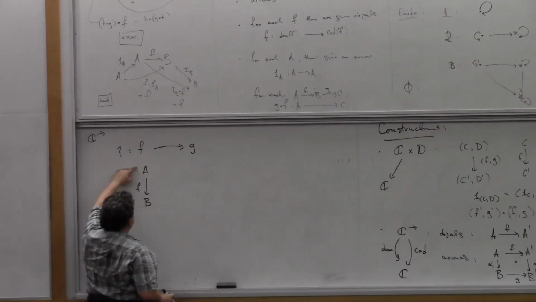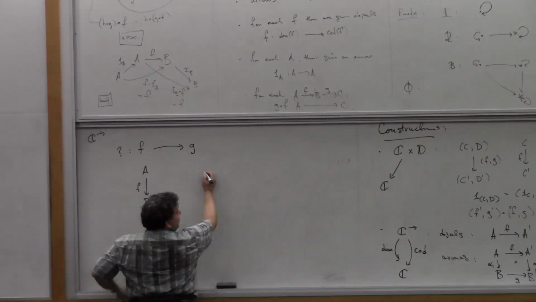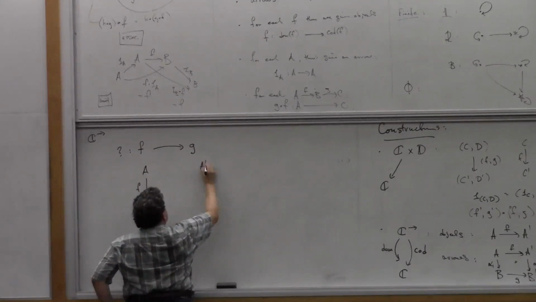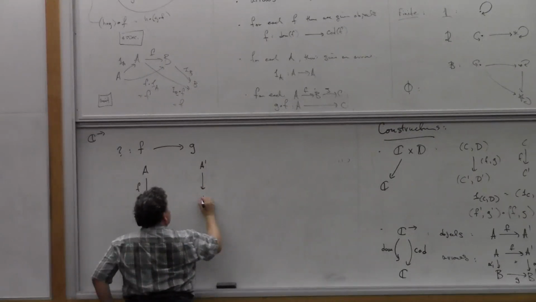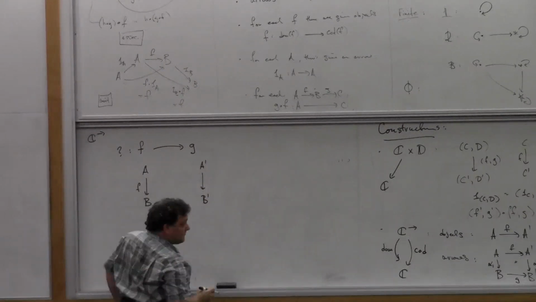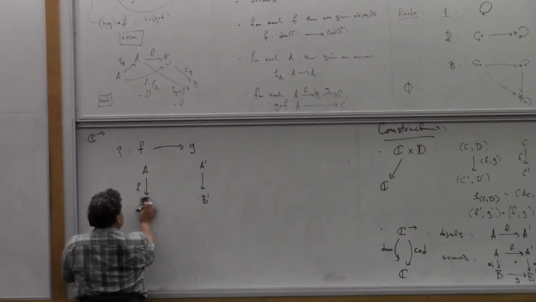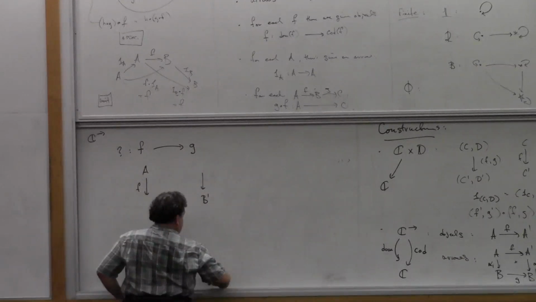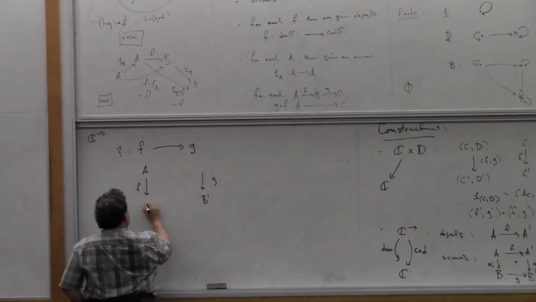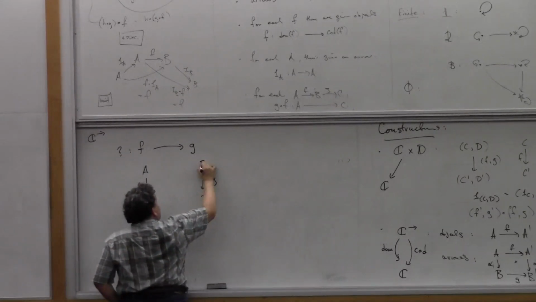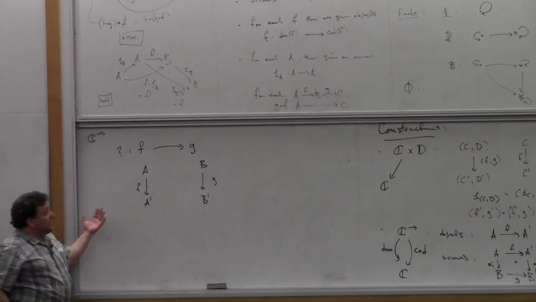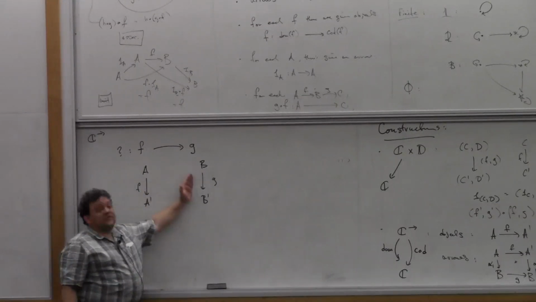So here now I've written this object over here, A prime, B prime, and here's this other object over here. And now I have to say, what is an arrow from here to here supposed to be?